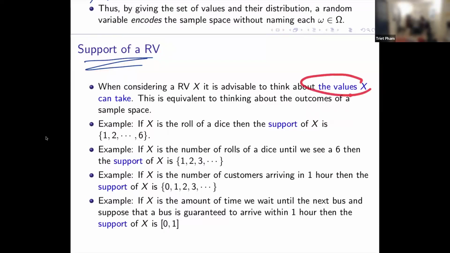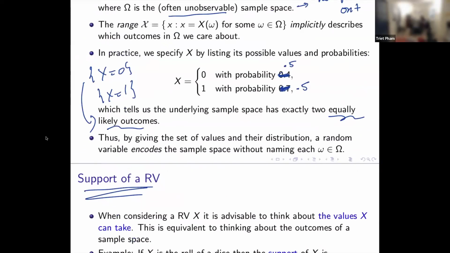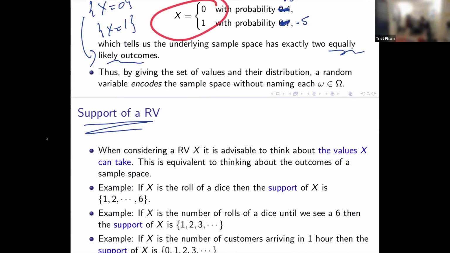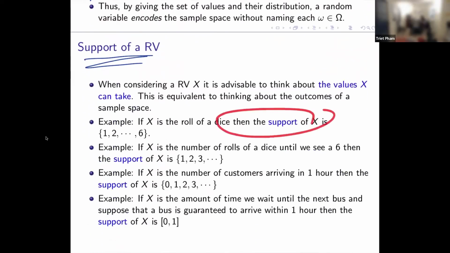And so, the values the random variable can take are exactly the outcomes of the sample space that we talked about up here. If you have a roll of a die, easy, 1 to 6. If you roll until you see a 6, okay?